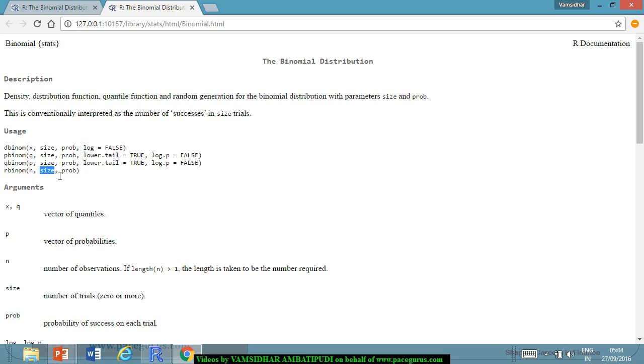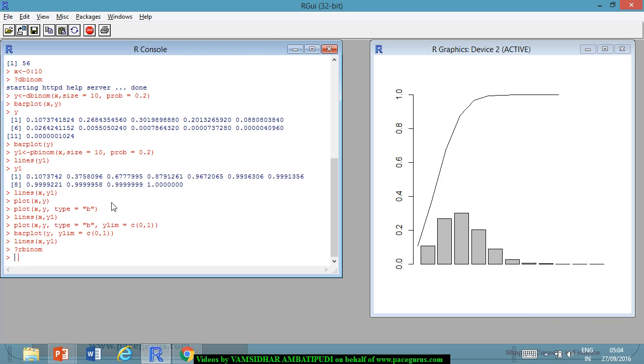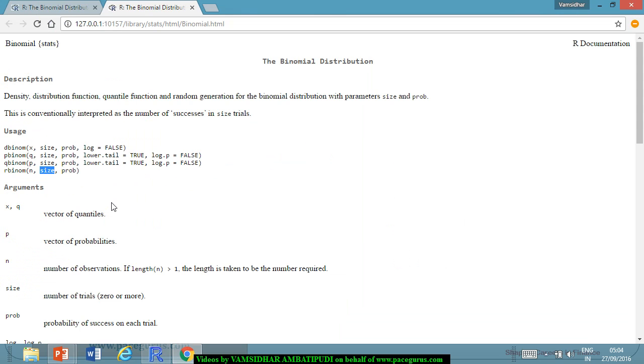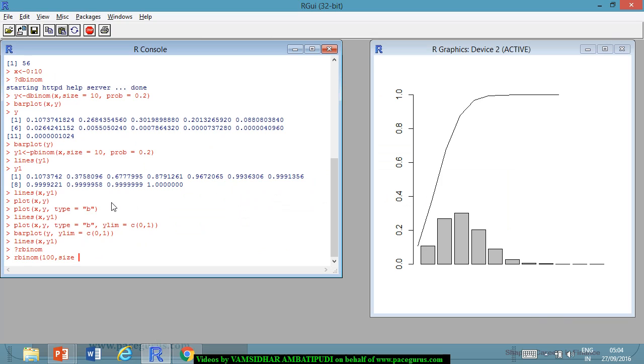Size, which is talking about the number of trials, and probability. Three things. So when I say R binom, I am setting that I want 100 samples from a binomial distribution whose size, so number of trials, in each one the number of trials I want 10, and the probability of success I am taking it as 0.2, right? I am repeating this experiment 100 times.